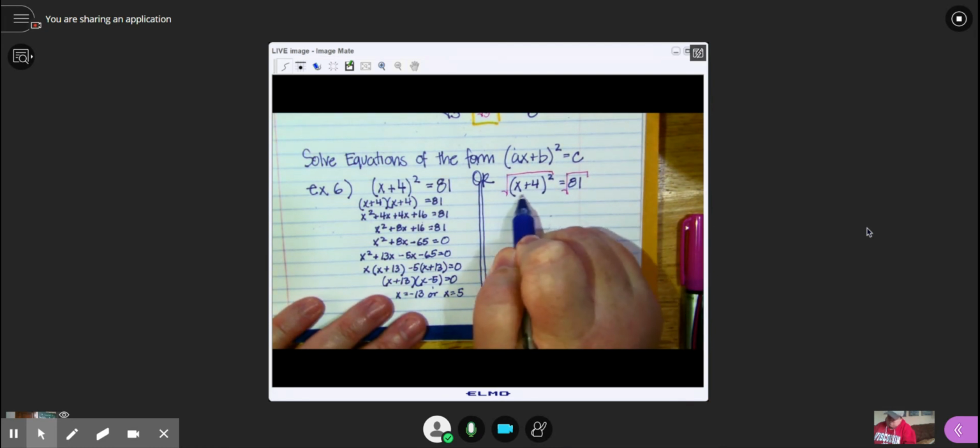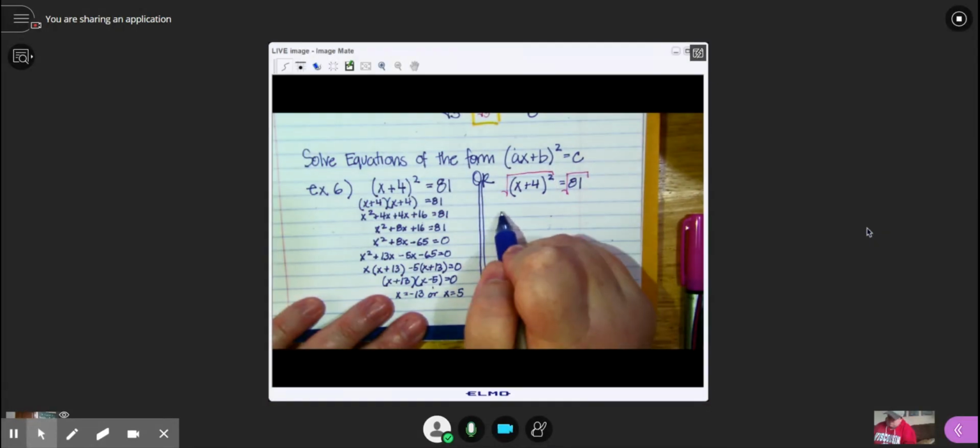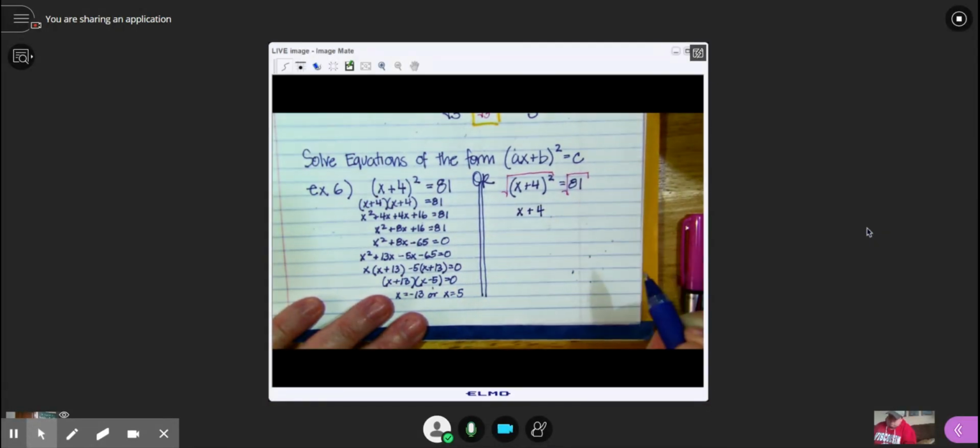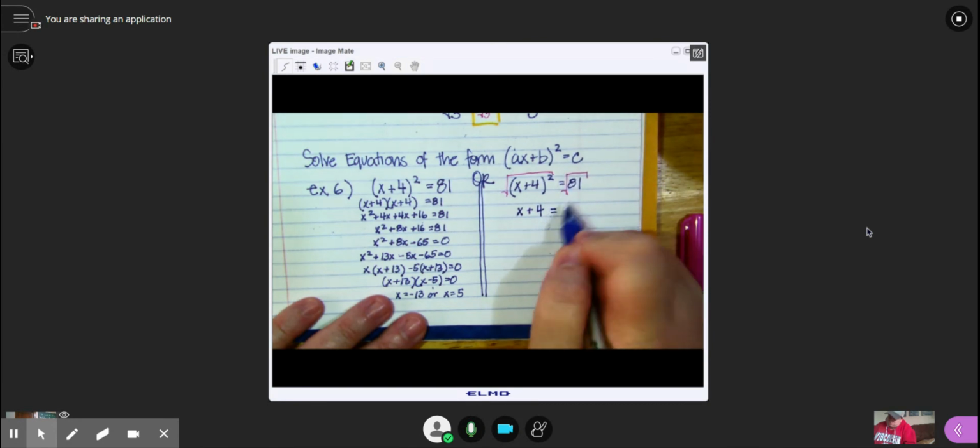The square root of (x plus 4) squared is going to be x plus 4. The square root of 81 is a positive or a negative 9.